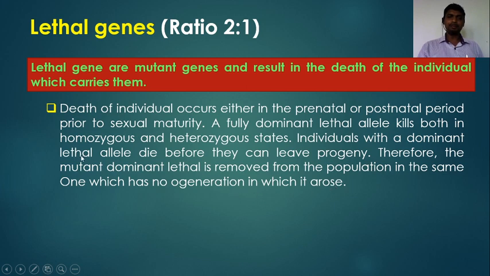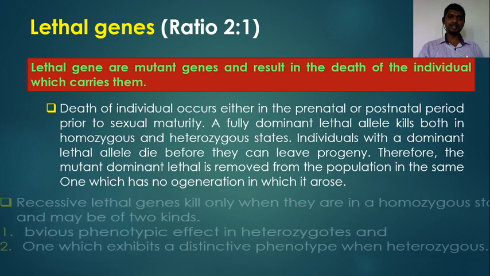So the lethal genes are the mutant genes which are responsible for the death of the individuals which carry them. So the mutant dominant lethal has to be removed from the population in the same generation in which it arises. So, this is about the lethal gene.